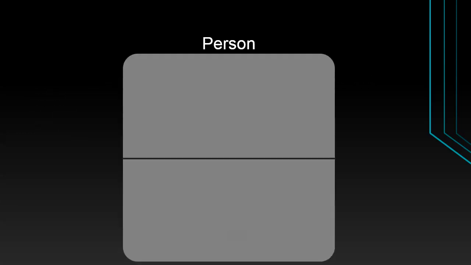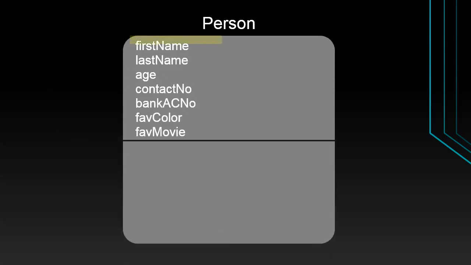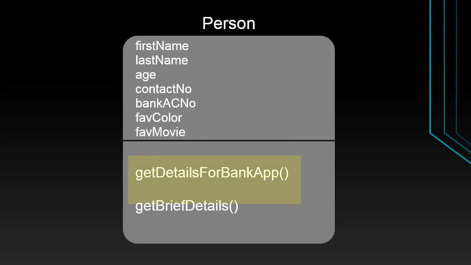Consider an object person with properties like first name, last name, age, contact number, bank account number, favorite color and favorite movie, and methods like get details for bank application and get brief details. If you wish to get details for a bank application, you need access only to first name, last name, age, contact number and bank account number.